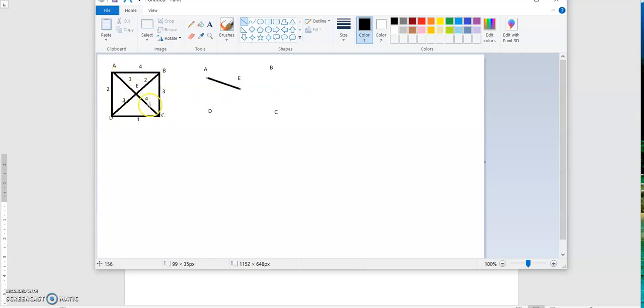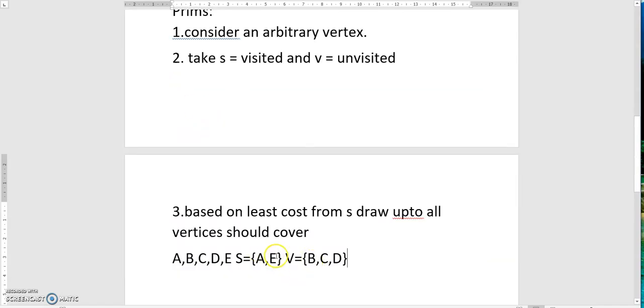So we need to check B, C, D. From E to B has 2, E to C has 4, E to D has 3. So E to B is the minimum cost. So we take this and insert B into the visited vertices, AE comma B, and delete B from the unvisited. Now connect EB.